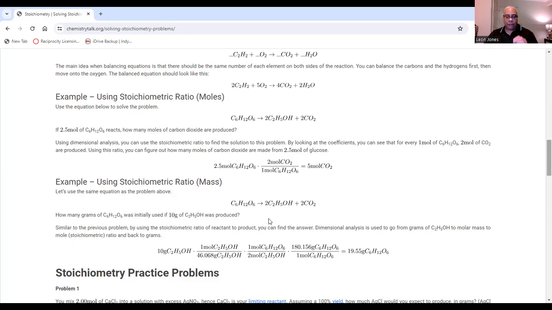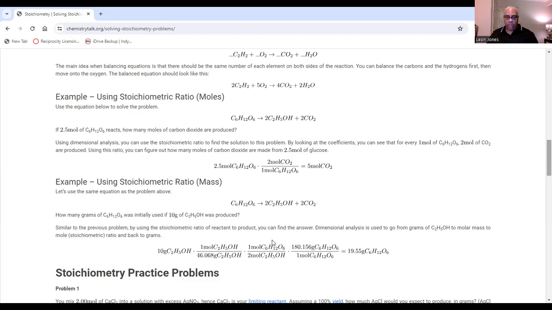So now, one good thing about stoichiometry, you know you're on the right track if your units cancel. So the moles, they cancel. The C2H5OH, they cancel. So you have 1 mole. So guess what we're going to do?